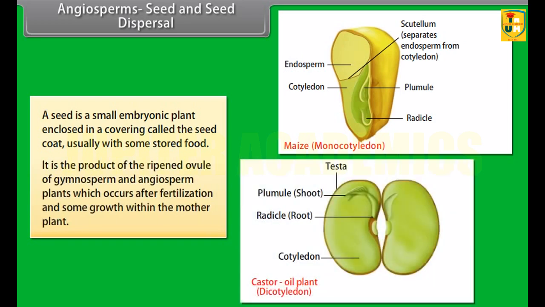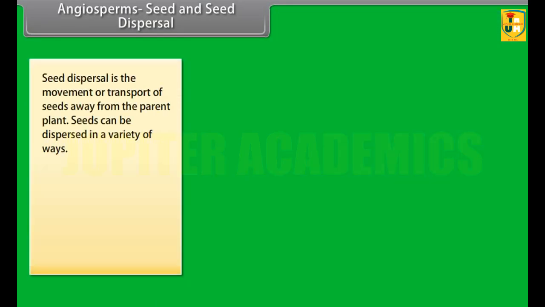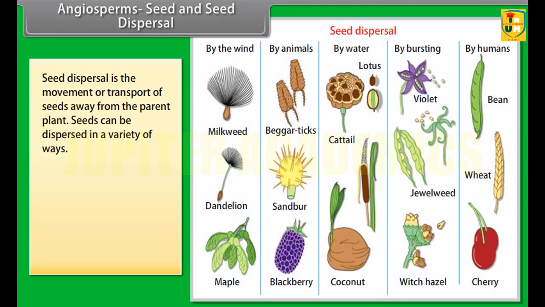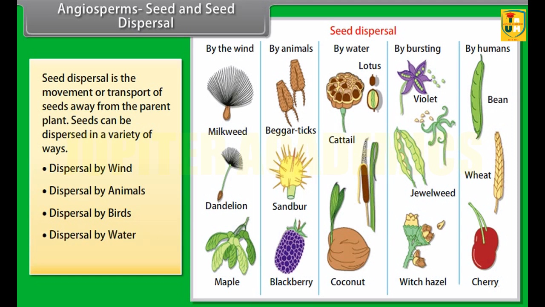It is the product of the ripened ovule of gymnosperm and angiosperm plants, which occurs after fertilization and some growth within the mother plant. Seed dispersal is the movement or transport of seeds away from the parent plant. Seeds can be dispersed in a variety of ways: dispersal by wind, by animals, by birds, by water, and by man.